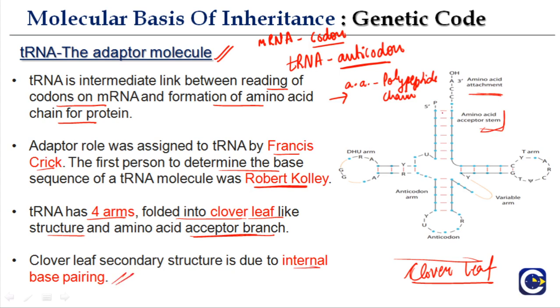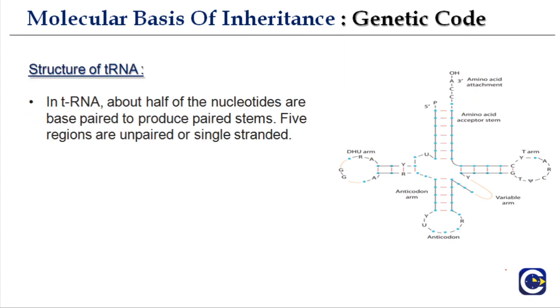You see, there is a lot of internal base pairing happening here, because of which the clover leaf structure is formed. So in tRNA, about half of the nucleotides are base paired to produce paired stems. You see this is one paired stem, second paired stem, third paired stem, fourth paired stem.